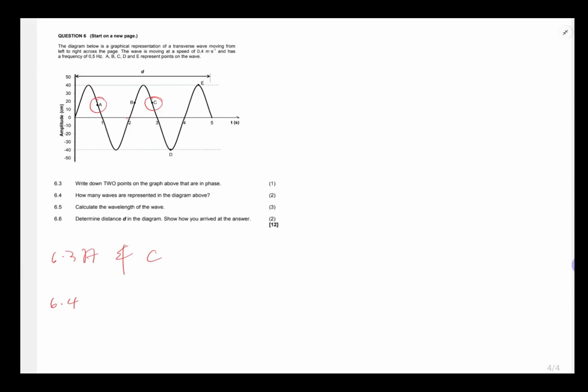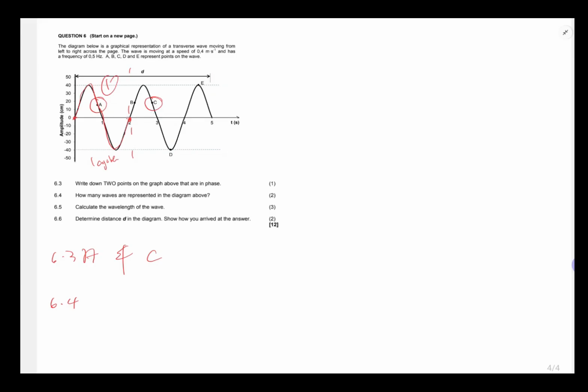We're on 6.4. They say how many waves are represented in the diagram. Remember that for us to identify a wave, it needs to complete one cycle. It needs to start, then end. Here it starts from 0, and from here to there is just one cycle, which describes one wave.